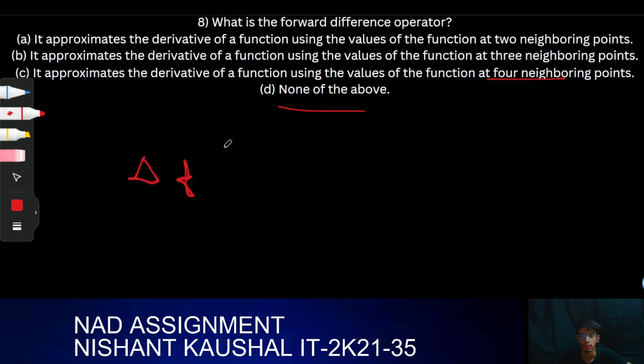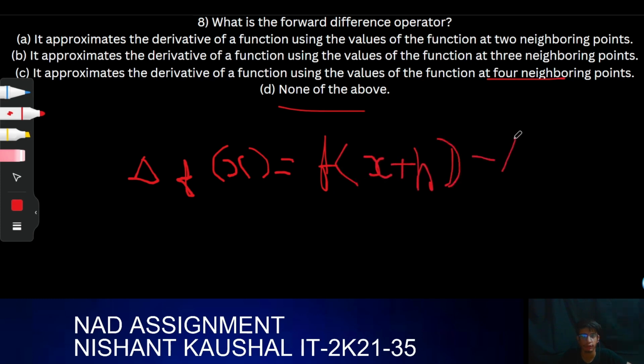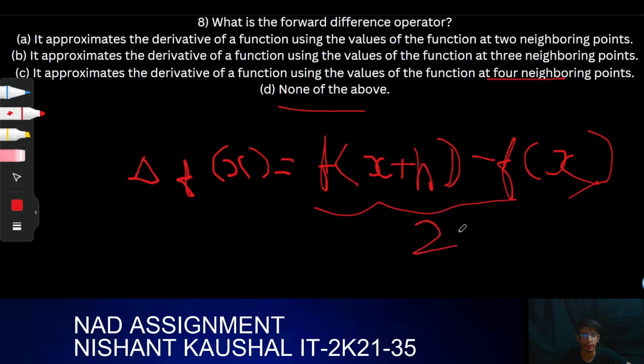Δf(x) equals f(x plus h) minus f(x), right? So it works on two neighboring points, as we could see, f(x plus h) minus f(x). The answer would be two neighboring points, that is A. So answer would be A.